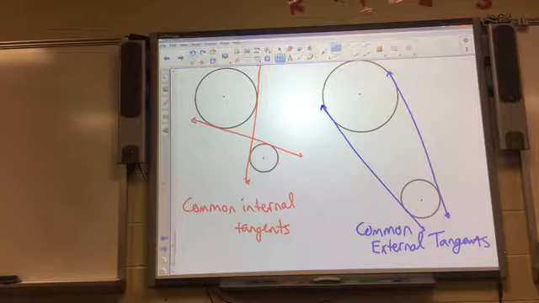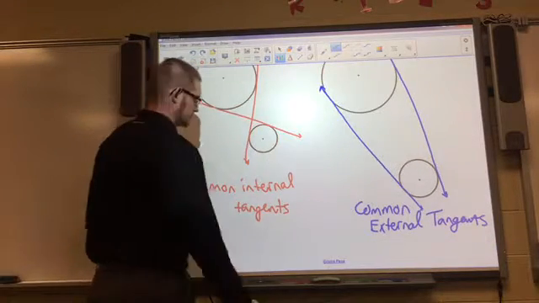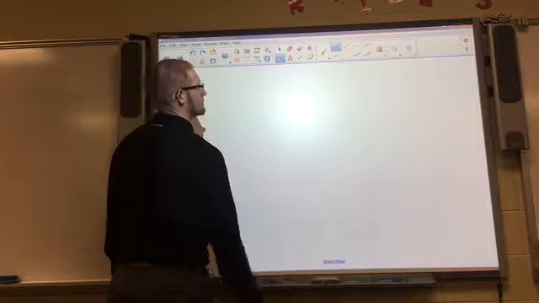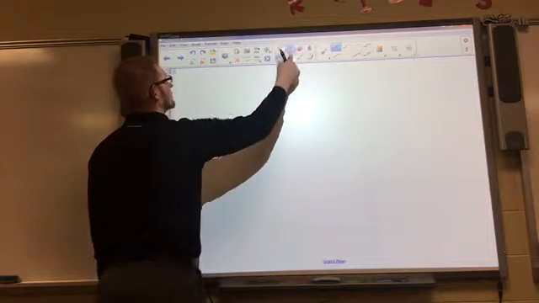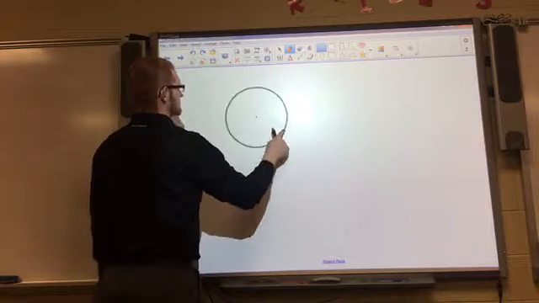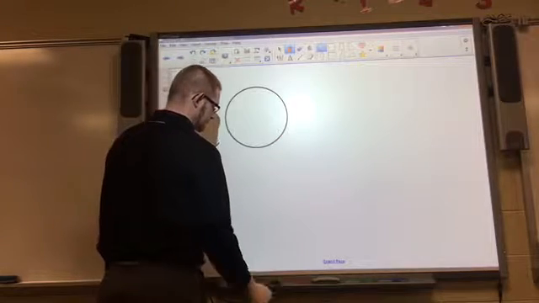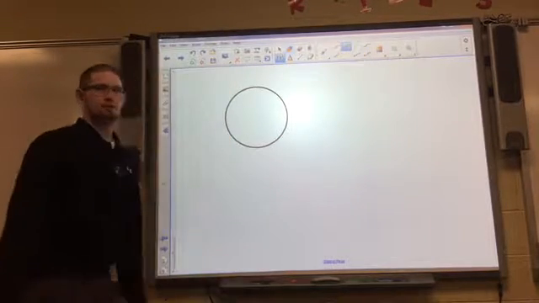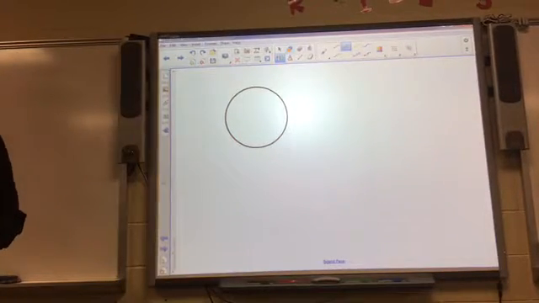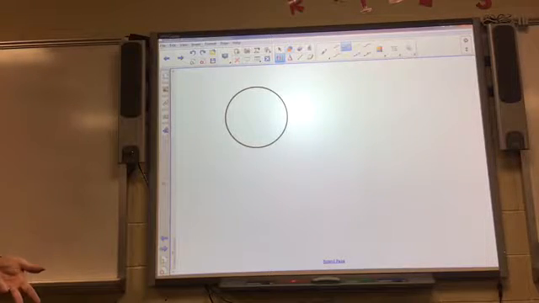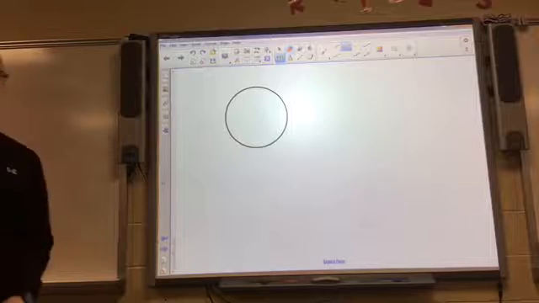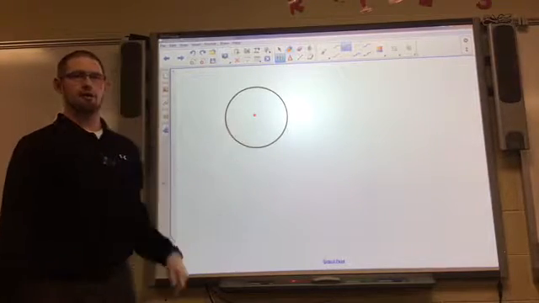We doing all right? Okay. Now the next part, I don't expect you to write down because I'm really hoping that you already know this. The next two definitions are interior of a circle and exterior of a circle. Where's the interior at? Right there, right?